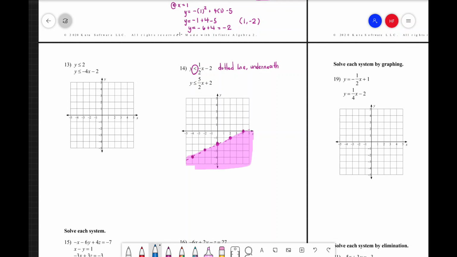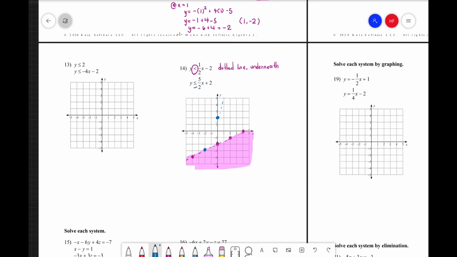For that second line, we're going to start at +2. And we have a slope of 5/2, so we'll go up 5. And we can't because it goes off the graph, so let's go down 5. 1, 2, 3, 4, 5. And then to the left 2. So we have a steep line.